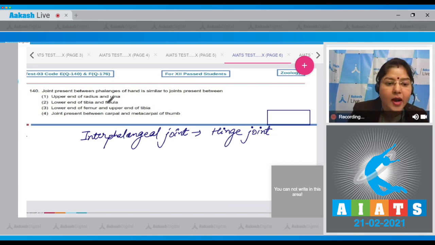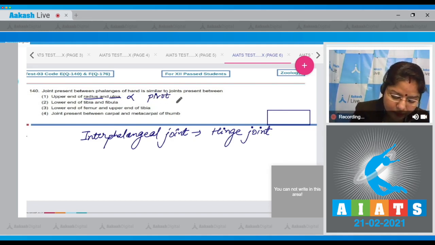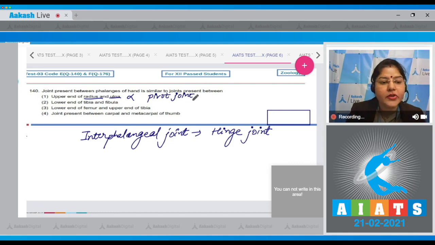First option, upper end of radius and ulna. This is incorrect because at the proximal end of radius and ulna, between these two bones, a pivot joint is present. Option number 2, lower end of tibia and fibula. At the distal end of tibia and fibula, between these two bones, syndesmosis is present.